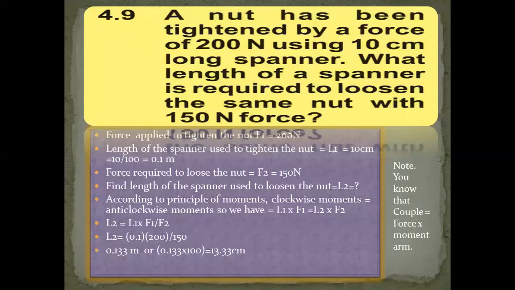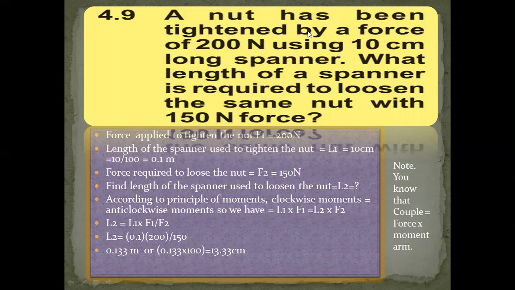Now, students, we are going to explore problem 4.9, which is in your book on page 105, where you have a numerical related to that condition. Here, a nut has been tightened by a force of 200 Newton using a 10 centimeter long spanner.